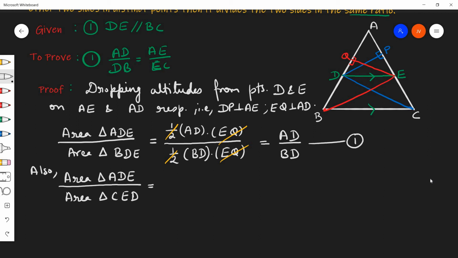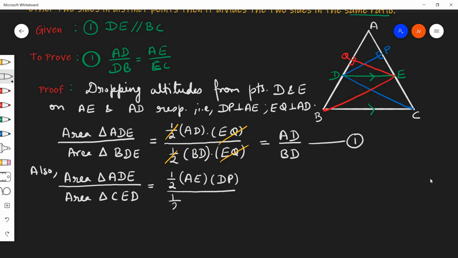So for the numerator, area of ADE, this time we will take half of base, where the base on the AC side is AE, into height. The height is DP. So half of base into height, divided by area of CED. For CE, the base is CE and the height will be on the extended part of CE. So the height will be from vertex D to AC.